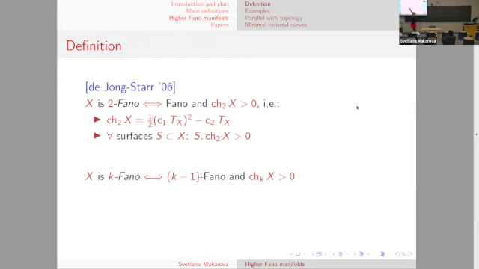Positivity means that for all surfaces inside of X, the intersection with the codimension 2 component of the Chern character is positive, meaning that the intersection is going to be some combination of points, and we want the number of points counted with multiplicities to be positive.